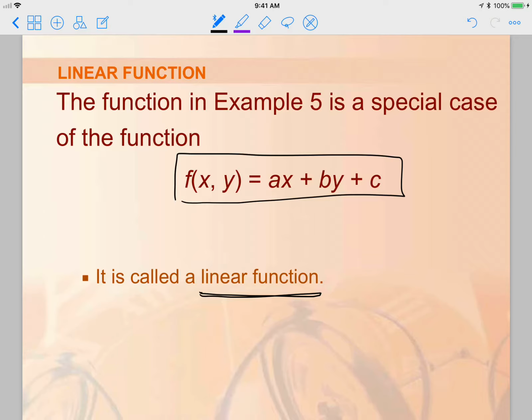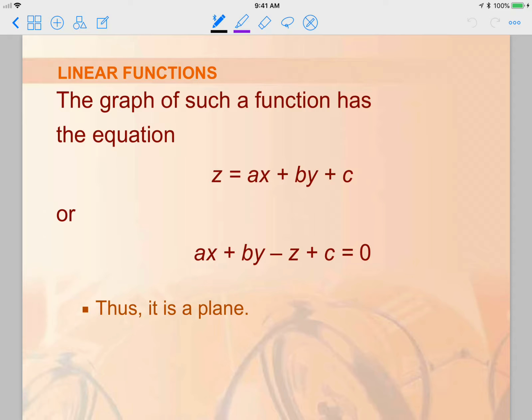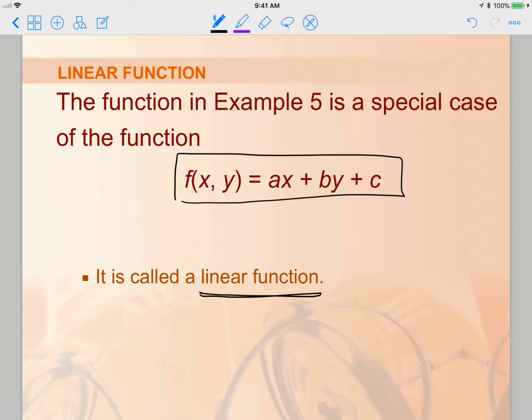Now, in general, anytime you have a function like this, it's called a linear function, because it depends on x linearly and it depends on y linearly. When you sketch a linear function in 3D, you get a plane. If you sketch a linear function in 2D, you get a line.